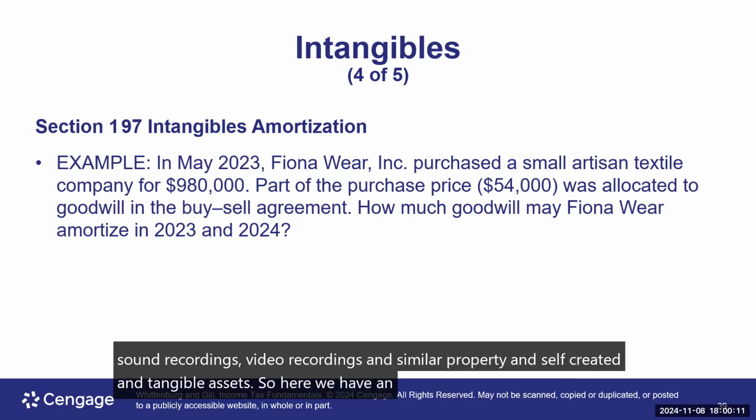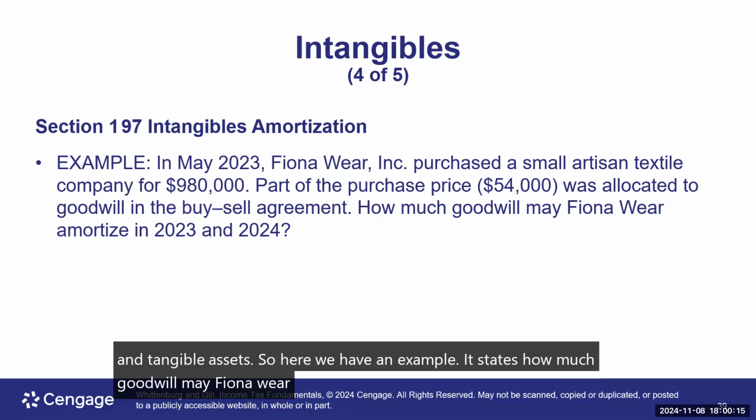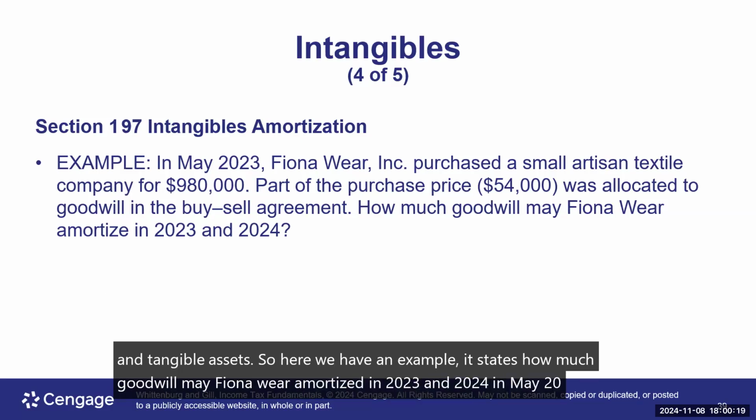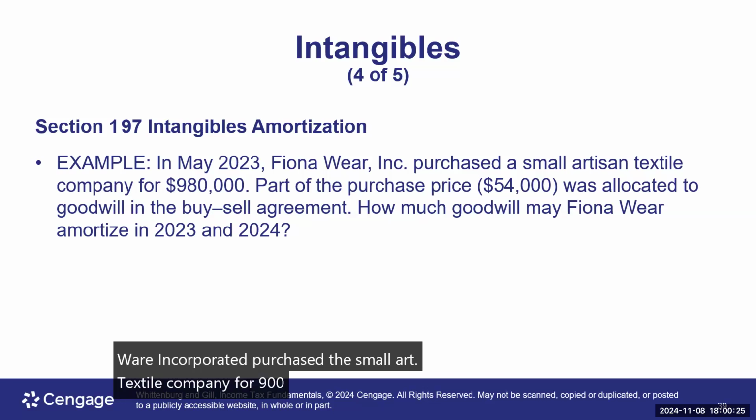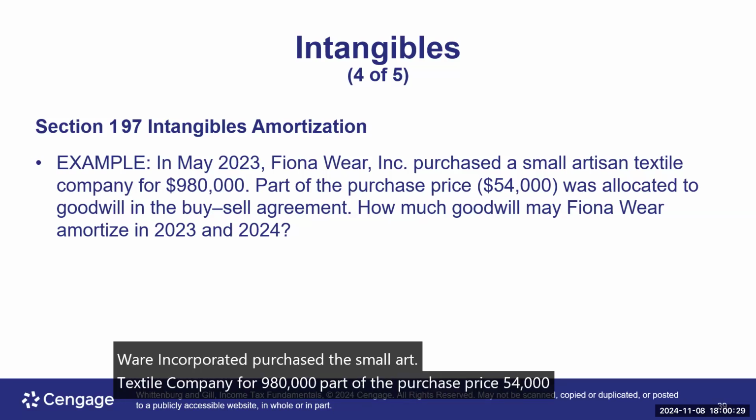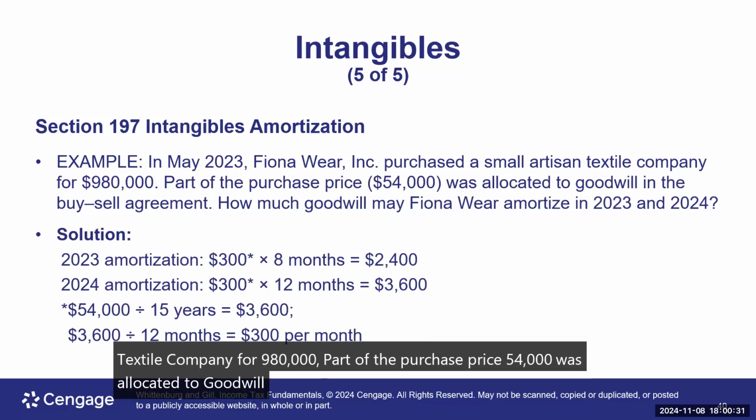It states: how much goodwill may Fiona Ware amortize in 2023 and 2024? In May 2023, Fiona Ware Incorporated purchased a small artisan textile company for $980,000. Part of the purchase price, $54,000, was allocated to goodwill in the buy-sell agreement.